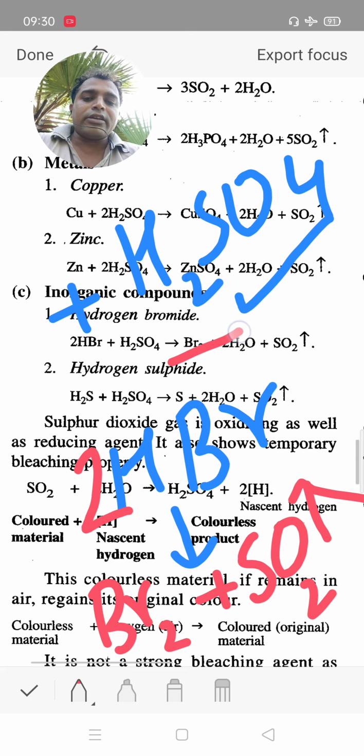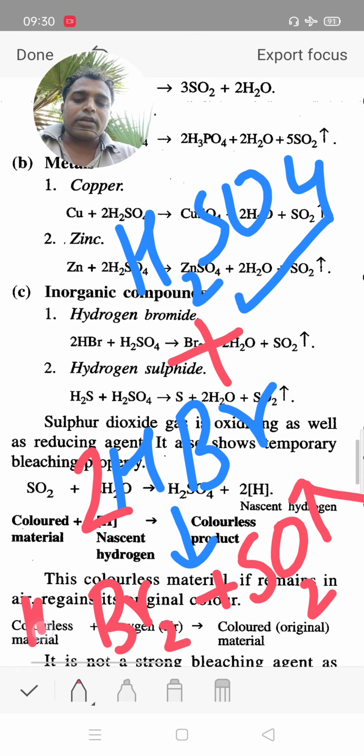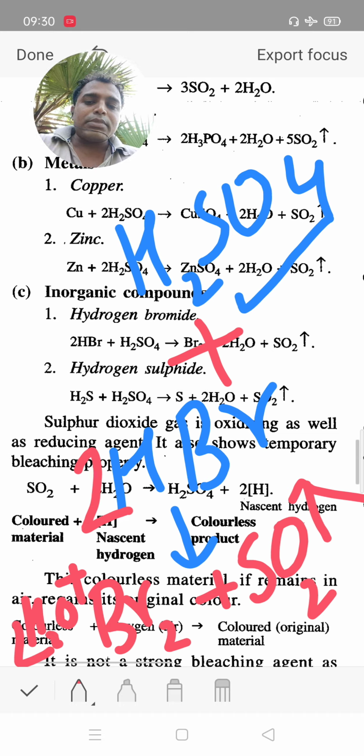When sulfuric acid reacts with 2 times HBr, it gives Br2 bromine, sulfur dioxide and 2 times water as a byproduct. Clear?